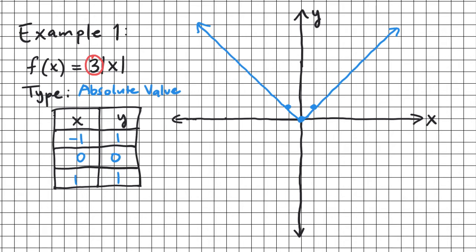The rule was, if this is greater than 1, then we have expansion.